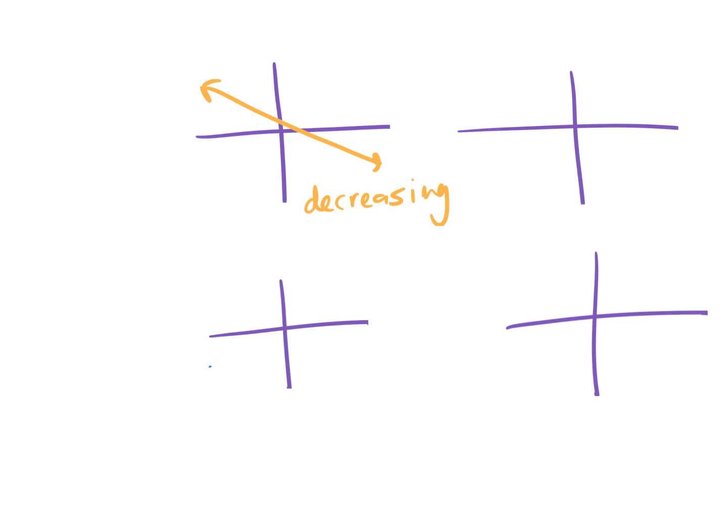If we had a line that was going up, this would be increasing slope. If I was standing at the left side of my graph, walking from left to right, I'd be walking uphill here. So our slope would be increasing.